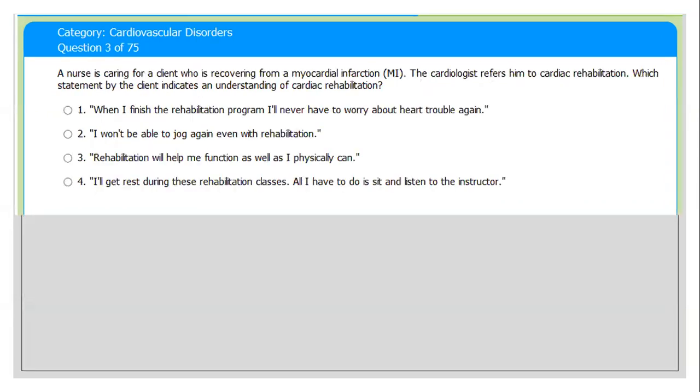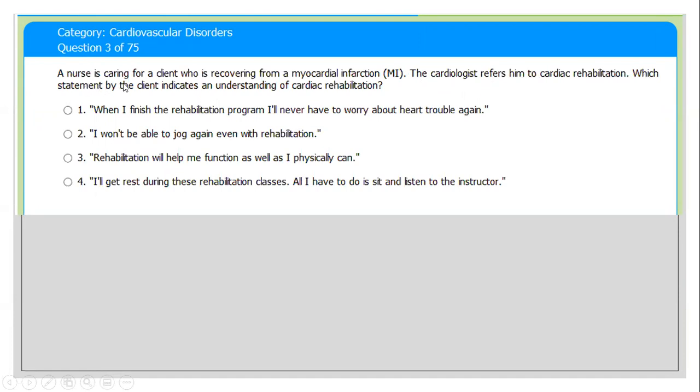What next? A nurse is caring for a client who is recovering from a myocardial infarction. The cardiologist referred him to cardiac rehabilitation.